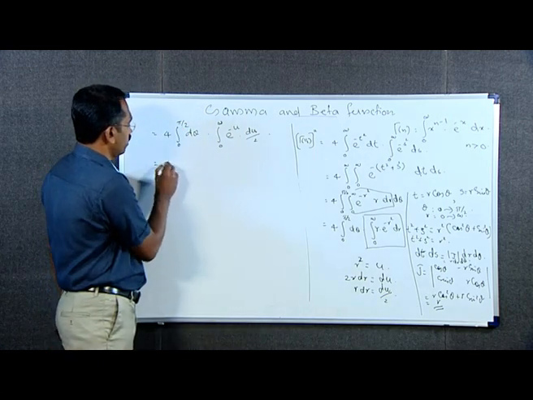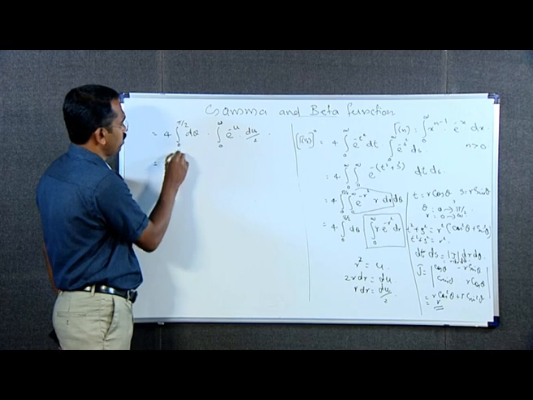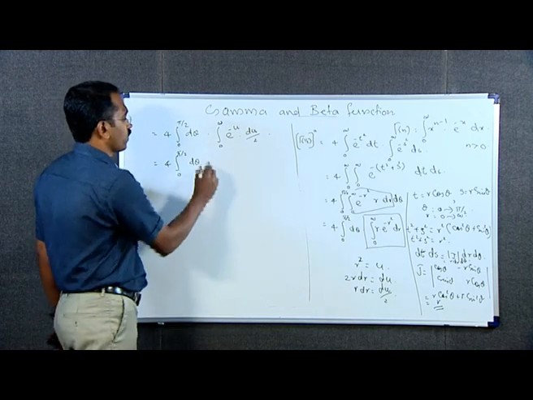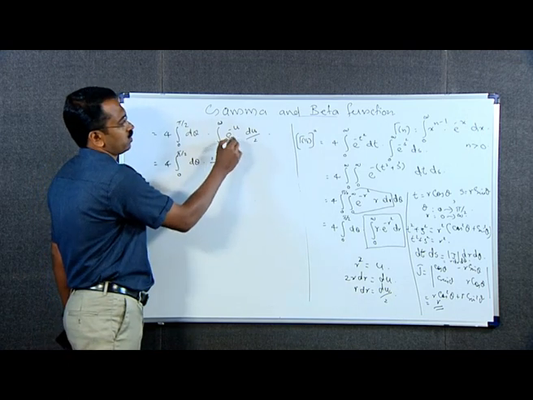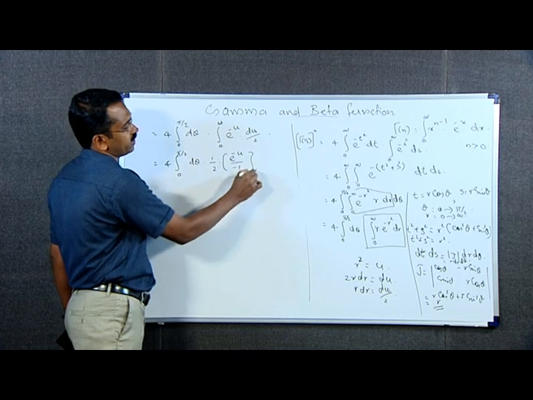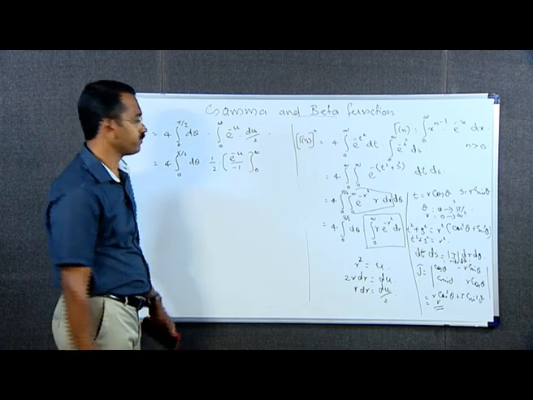That is equal to 4 into integral from 0 to pi by 2 d theta into 1 by 2 into, on integration, e raised to minus u divided by minus 1 between the limits 0 and infinity.